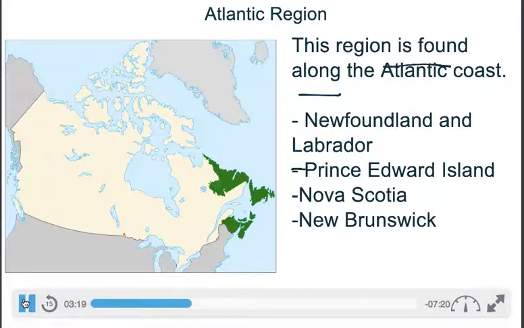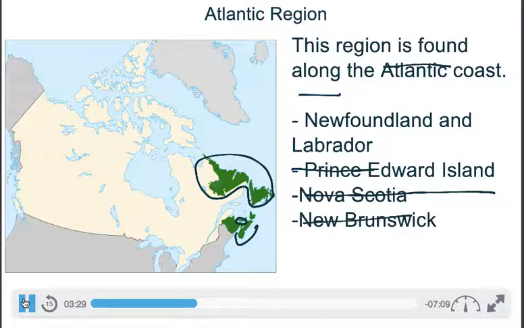You have Newfoundland and Labrador, which is found here. You have Prince Edward Island, which is found here. You have Nova Scotia, which is there, and then New Brunswick, which is found right there. So these are the provinces in the Atlantic region.